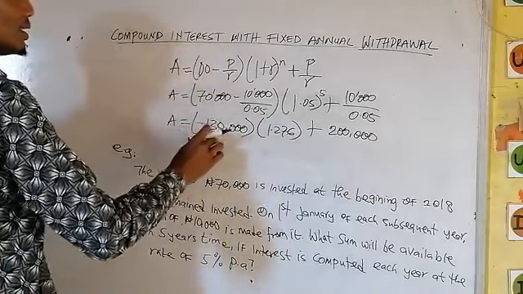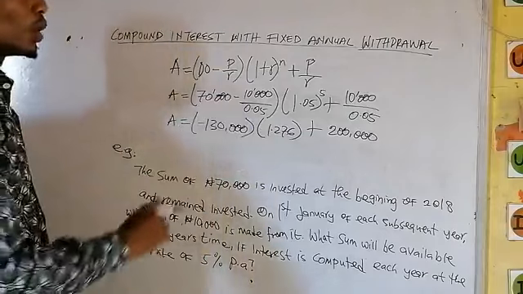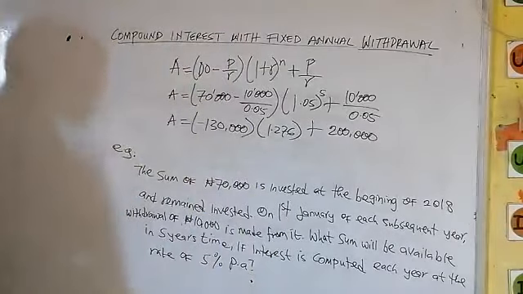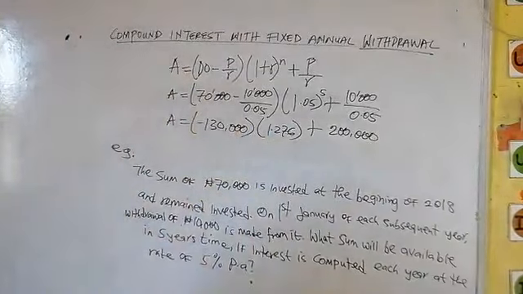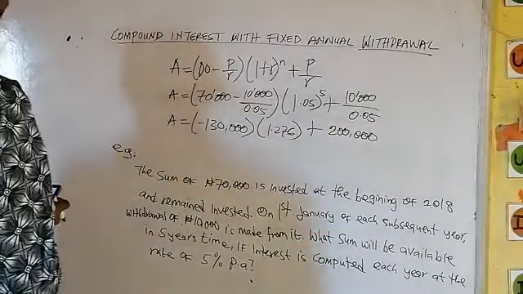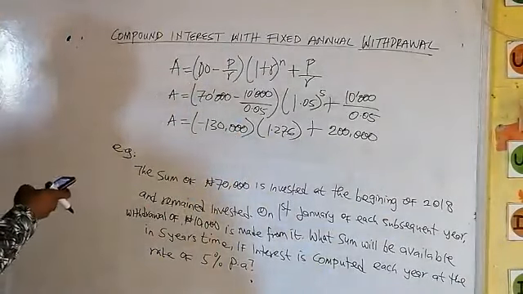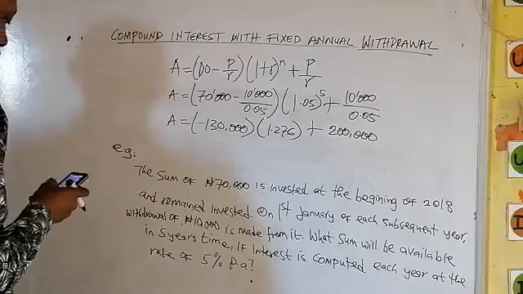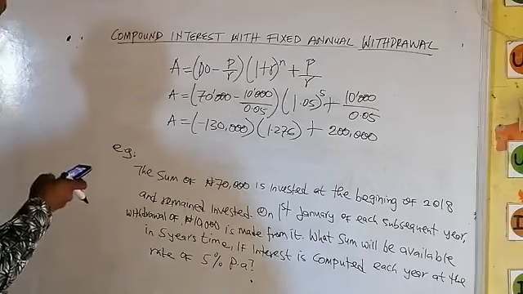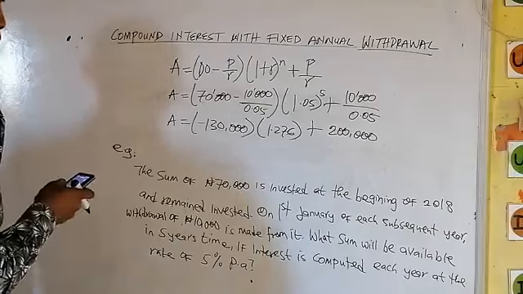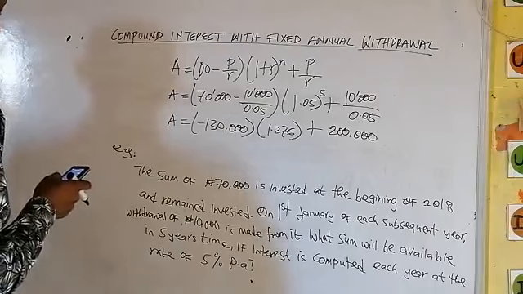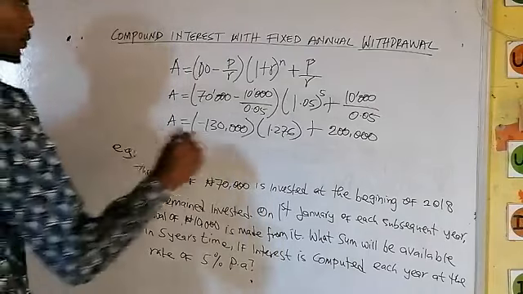Minus 130,000 multiplied by 1.276. Let me get my calculator: 130,000 multiplied by 1.276 gives us 165,880.